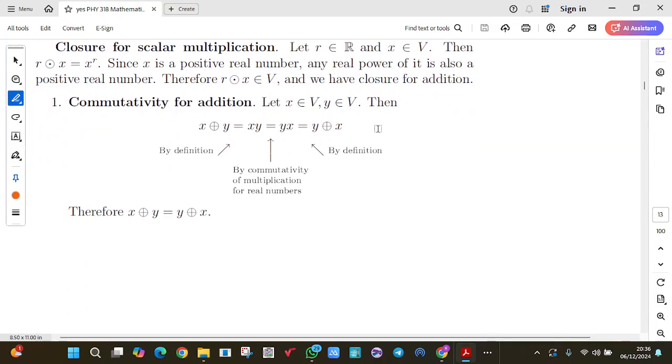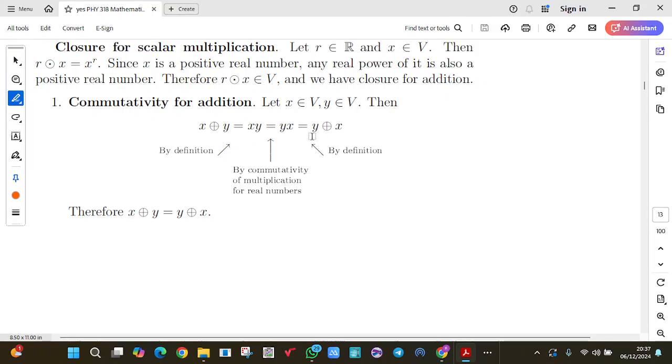Commutative for addition. Let's take a look at the commutative law. Commutative means xy must be equal to yx. For you to say something is commutative, x with the operator y will always give you xy, which is just the same as yx.